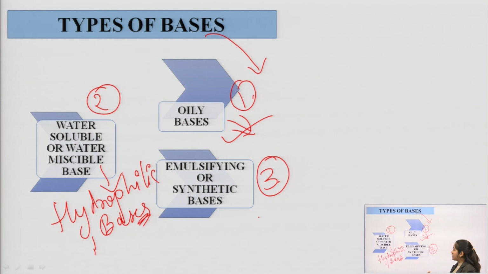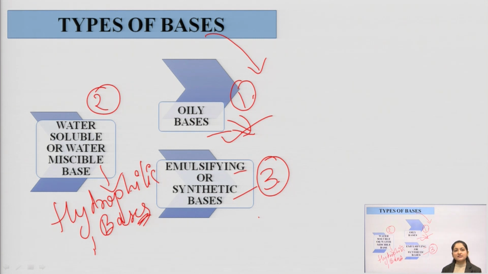Then moving on to the third type of base, synthetic or emulsifying bases. Whenever there is a mixture of medicaments that is neither oily base loving nor hydrophilic loving, then we go for this emulsifying or synthetic base.